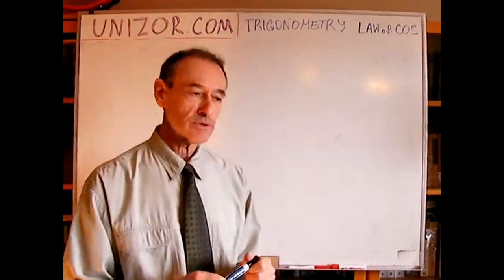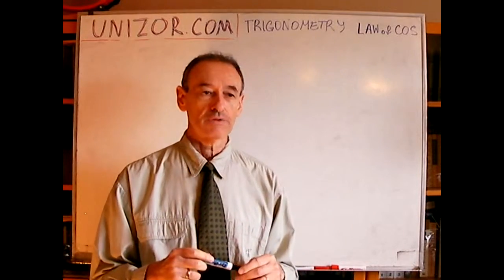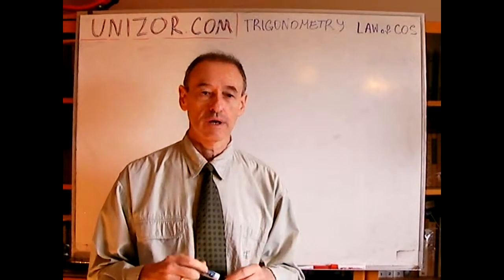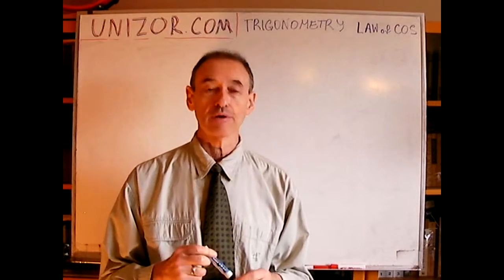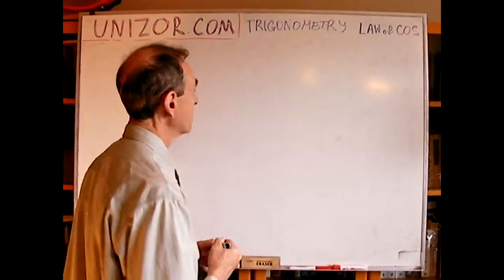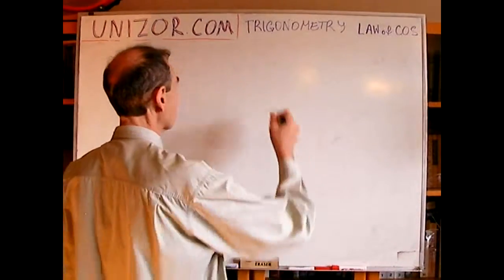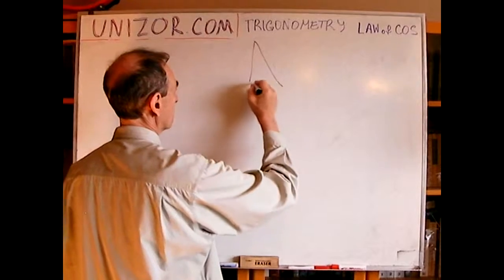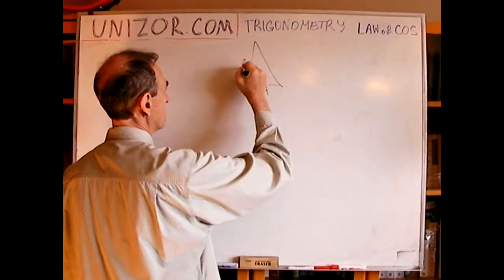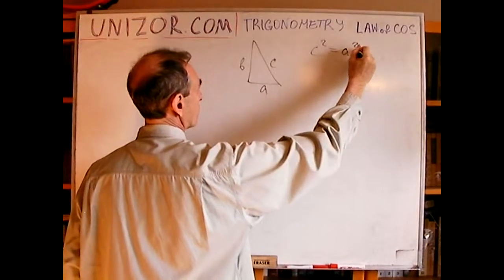Now, what's interesting about the theorem is that it's kind of a generalization of a well-known theorem in geometry, the Pythagorean theorem. The Pythagorean theorem is about right triangles, right? Remember this? If you have a right triangle A, B, C, C squared equals A squared plus B squared.